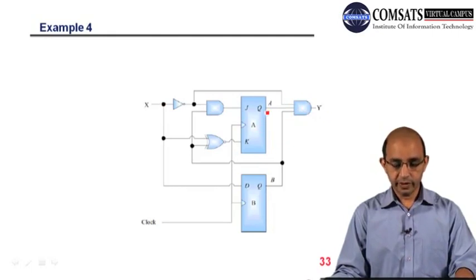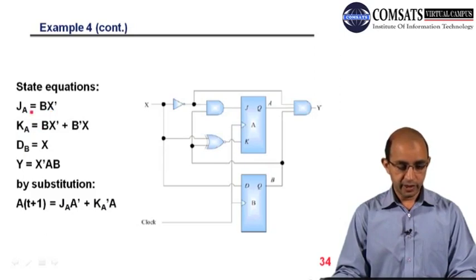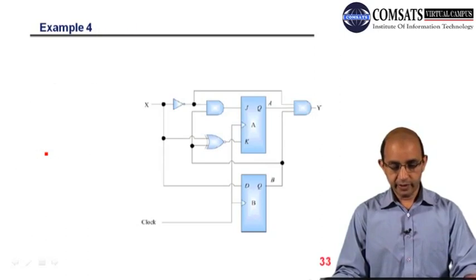You can see that output Y is obtained from the complement of X, then we have A, and then we have B. So we can obtain the state equations JA, KA, DB. There is another difference that I should mention: over here we have a D flip-flop.